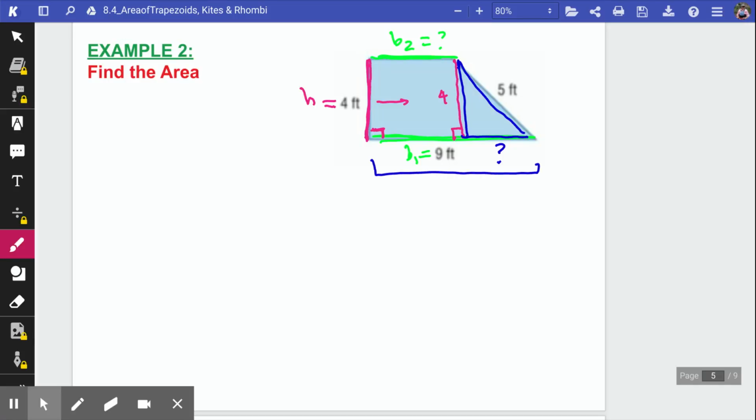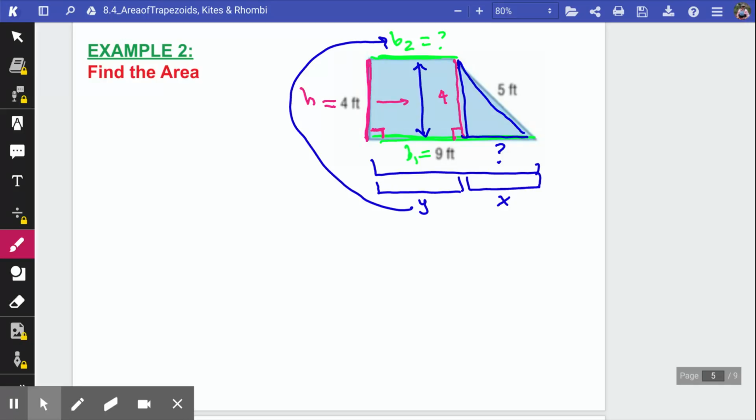So the 9, which is the total, we can break that up into y, and let's call that x. And then if we can find the x using the right triangle, then that y is our base 2 because it is opposite and parallel to that figure.